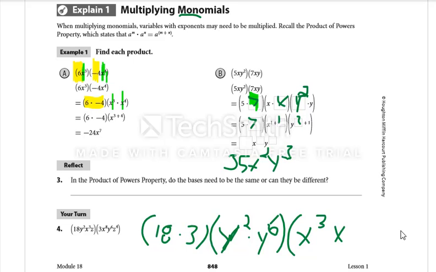Let's group those together. And z to the 1st times z to the 4th. Group those together.